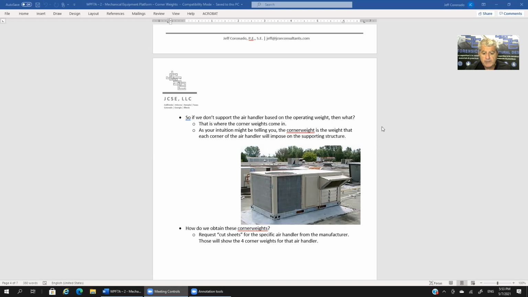Well, we request cut sheets for that specific air handler from the manufacturer. Those will show the four corner weights for the air handler. That's a pretty key term to know in industry: the cut sheets. When we talk about cut sheets, this is the kind of information that we expect to get in the cut sheets.